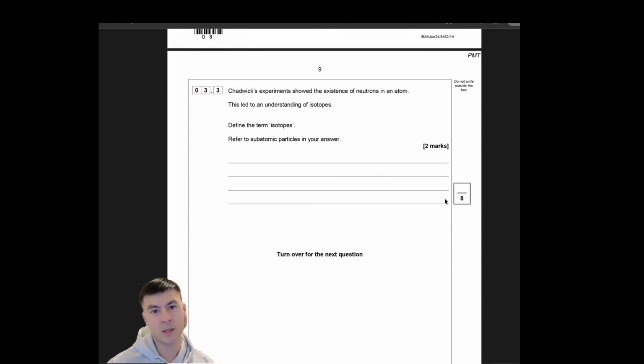Question 3.3. Chadwick's experiment showed the existence of neutrons in an atom. This led to an understanding of isotopes. Define the term isotopes. 我哋一定要 refer to subatomic particles. That means protons, neutrons, electrons. 咁 isotope 咁樣：same element with same number of protons and electrons, but different number of neutrons.